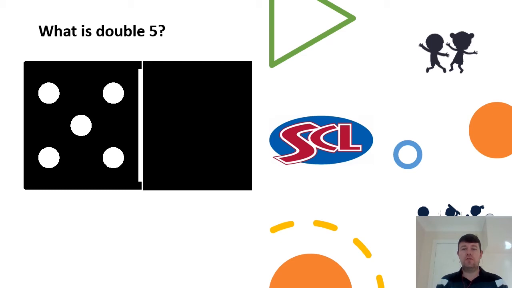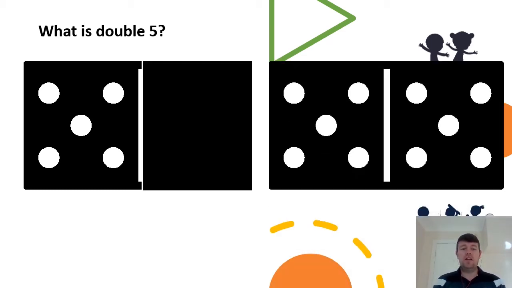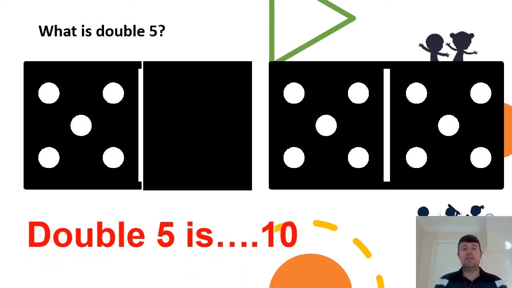So we should have something that looks like this. Again, let's just count up all our dots. 1, 2, 3, 4, 5, 6, 7, 8, 9, 10. So double 5 is 10.